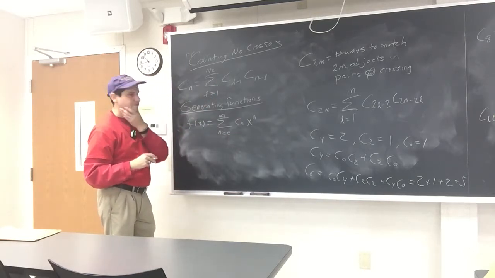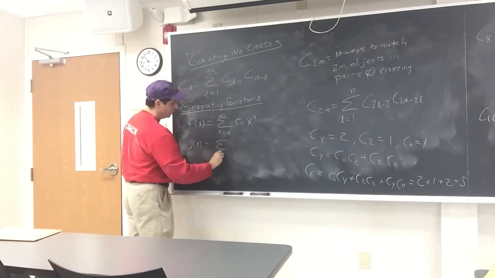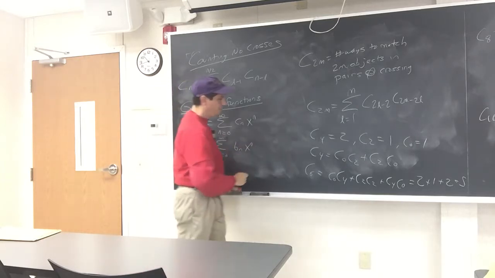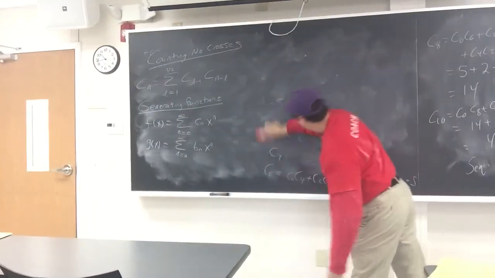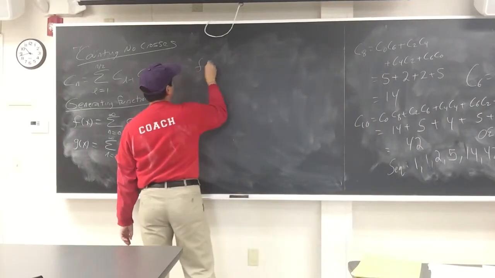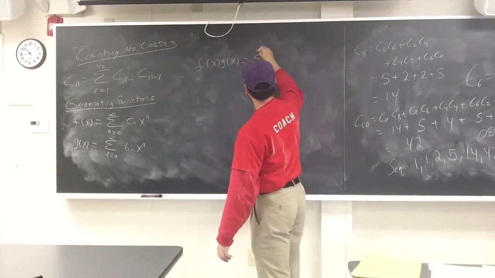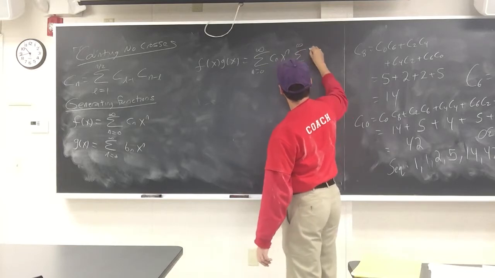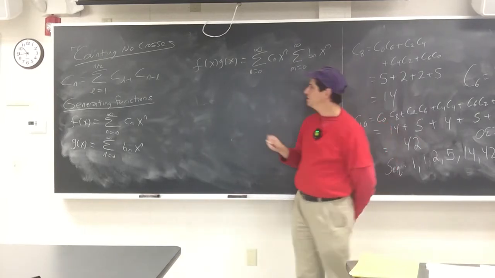I want to get a product of things. If I have another function, g of x, the sum n goes from 0 to infinity of, say, b_n x^n, I could ask, well, what happens if I multiply them? So f of x times g of x is the sum n goes from 0 to infinity of C_n x^n, times the sum, I'll use a different letter, m goes from 0 to infinity of b_m x^m. So I can multiply things out.